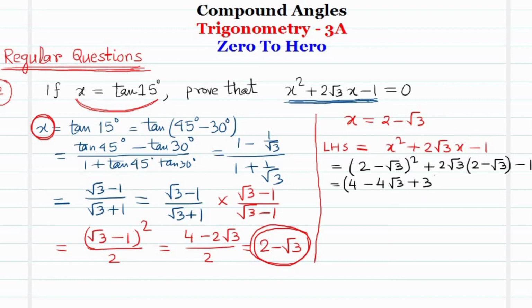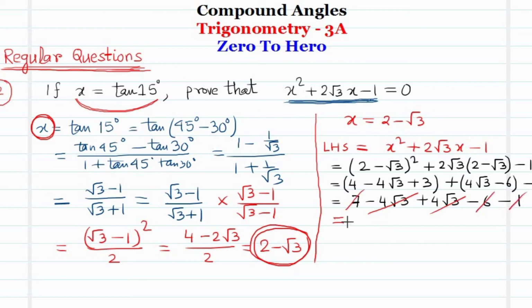This is the term after expansion of the square term, plus 4 root 3 minus 6 minus 1, that is equal to 7 minus 4 root 3 plus 4 root 3 minus 6 minus 1. Now minus 4 root 3 plus 4 root 3 cancels out, and 7 minus 6 minus 1 all together gives us 0. That is equal to the right hand side, and hence it is proved.